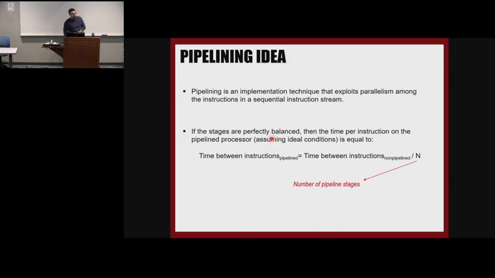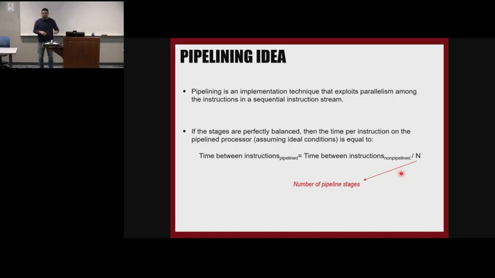If the stages are perfectly balanced, like the example that we showed in the previous slide, not the one I asked you, the one that is actually in the slide, then the time per instruction on the pipelined processor is going to be equal to the time between instructions on the non-pipelined processor divided by n, where n is the number of pipeline stages.